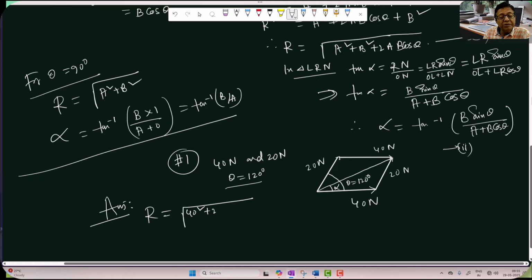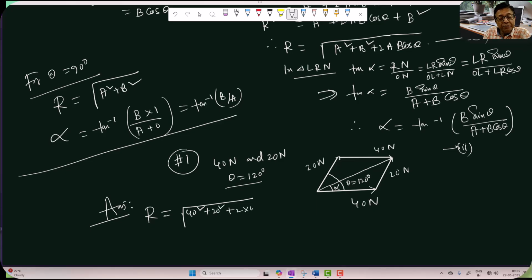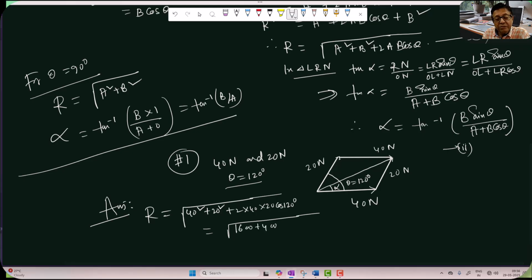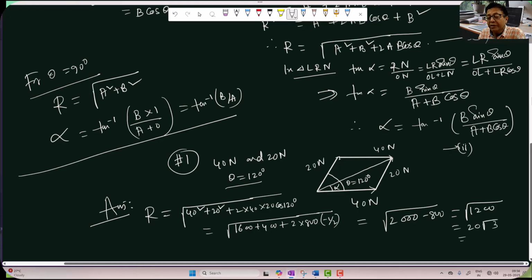R is going to be what? Under root 20 square plus 40 square plus 2 into 40 into 20 cos 120 degree. $1600, 400, and you know cos 120 is minus half, so this is going to be 2000 minus 800, that is under root 1200.